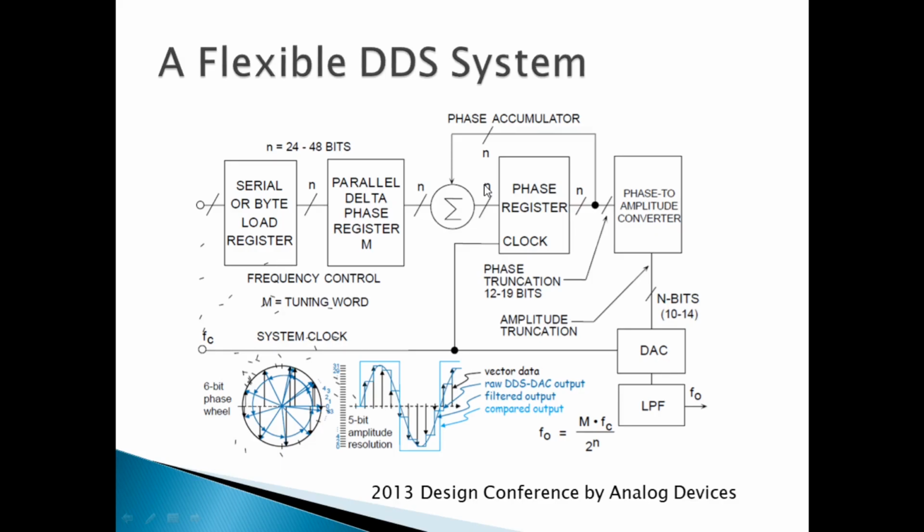There is input given from the serial byte load register, which will in turn program the delta phase register, and that will indicate to the phase register which contains the phase wheel to pick up points as it moves around.